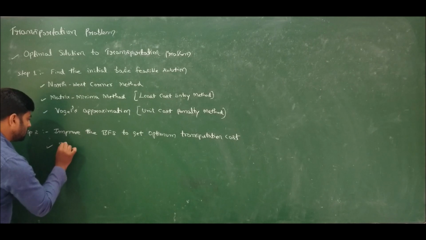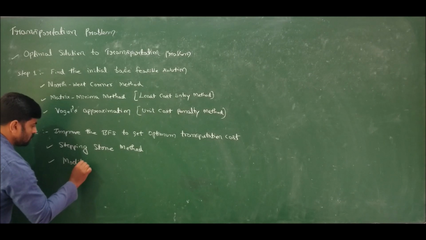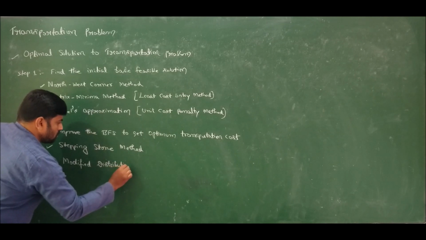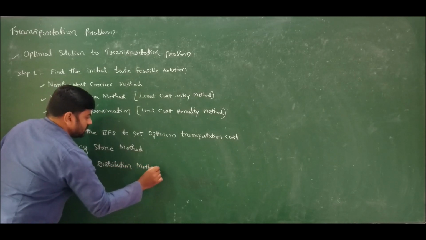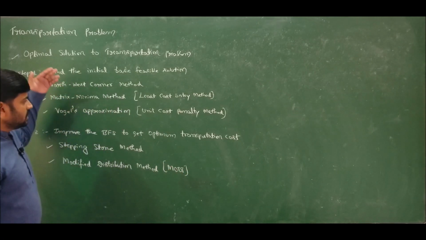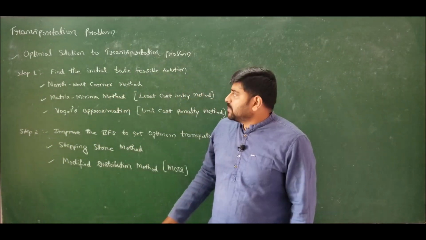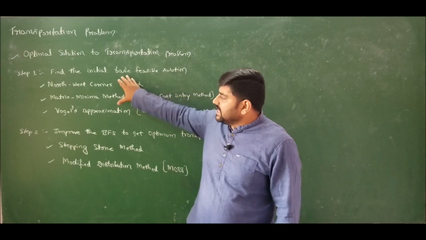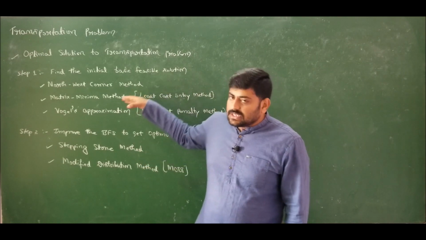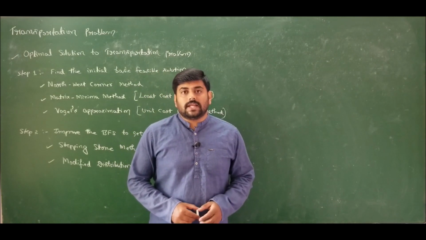One is stepping stone method and another one is modified distribution method, which is popularly called Modi method. So, this is how we will find the optimum solution for a given transportation problem. First, we will use any one of these methods to find the initial basic feasible solution. Then, using any one of these 2 techniques, we will improve the previously obtained basic feasible solution to get the optimum transportation cost for any given problem.